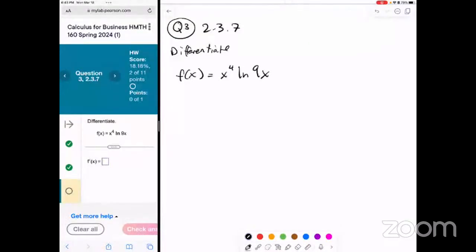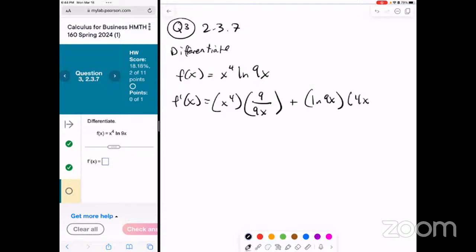All right. So the first is just this guy. The derivative of natural log, I think, is du over u. So that's going to be 9 over 9x. That's the first times the derivative of the second, plus the second times the derivative of the first, which is 4x cubed. And we can simplify. These 9s cancel. This turns into a 3.